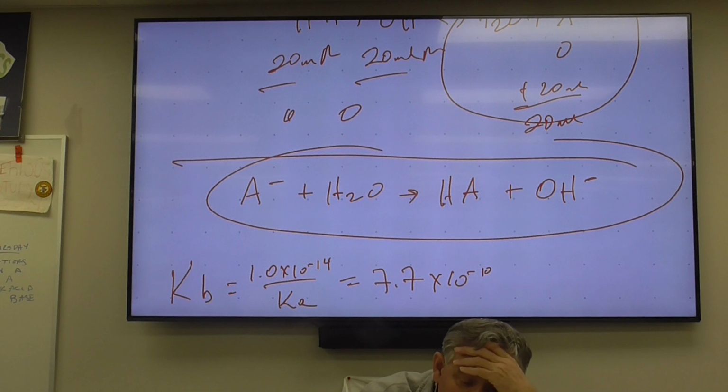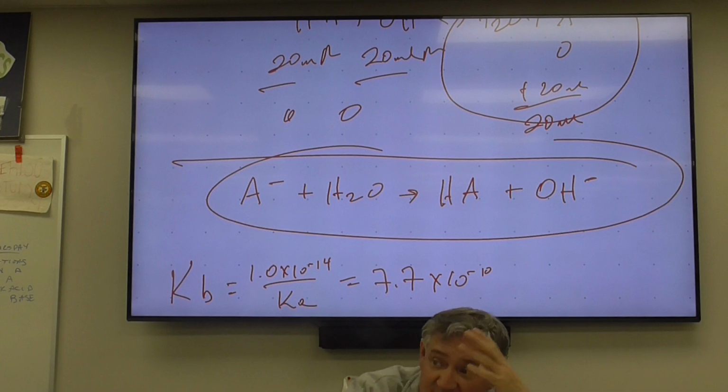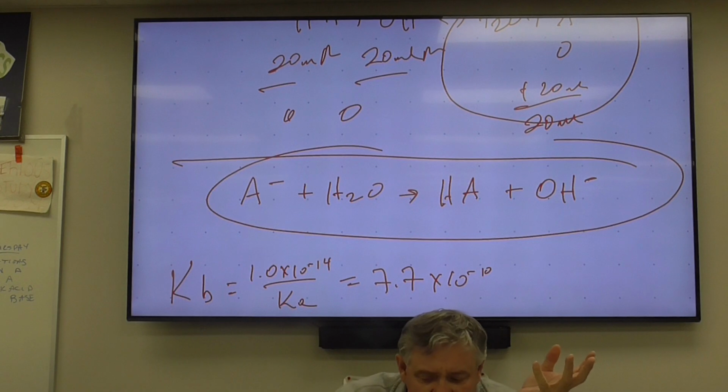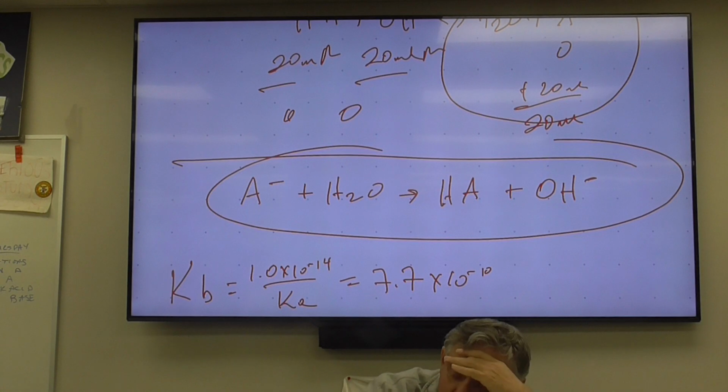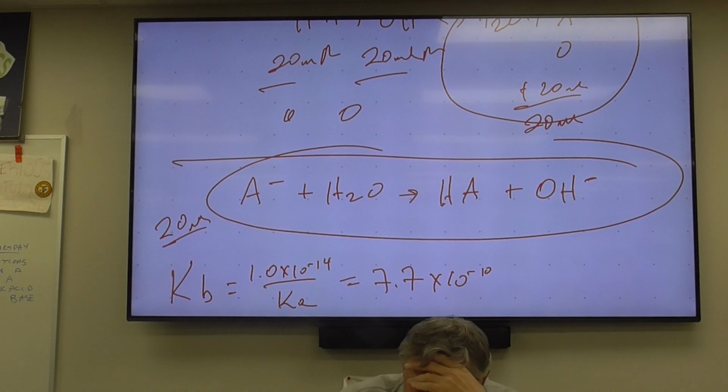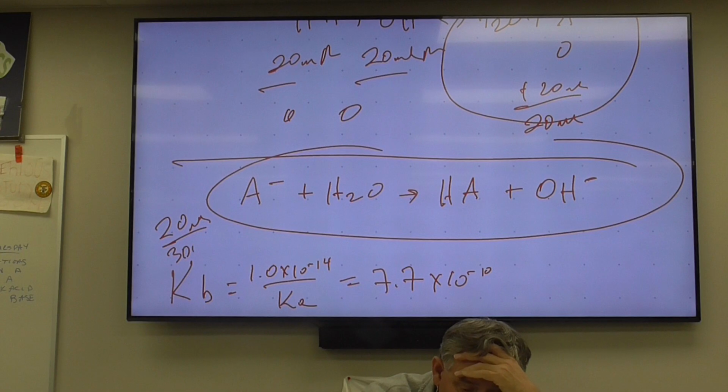Because this is not a titration problem, this is just an equilibrium problem, you have to have the molarity after they are mixed, and this plays out today with Ksp and Qsp. So you take that 20 millimoles and divide it by the total volume, which is 300 milliliters, which gets you 0.0667.